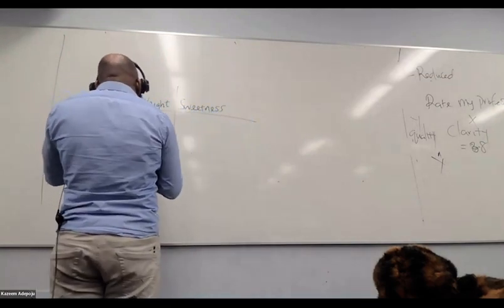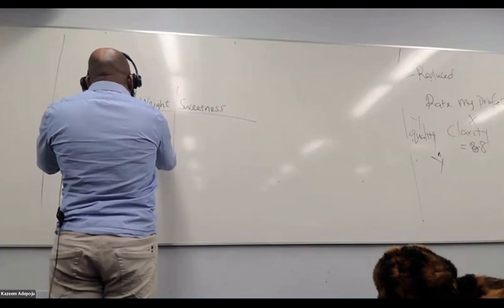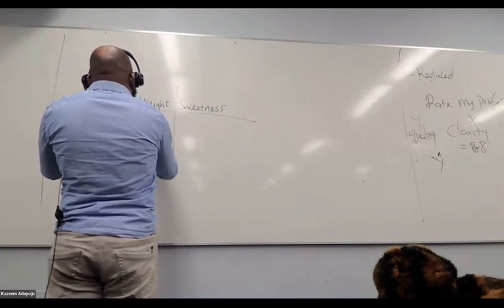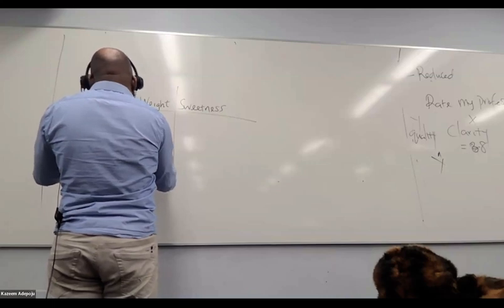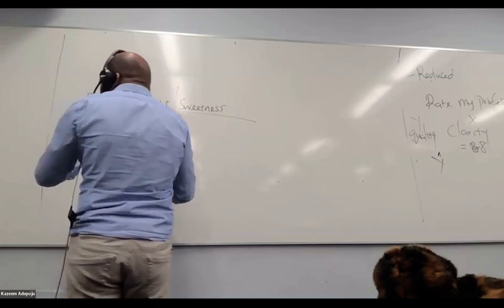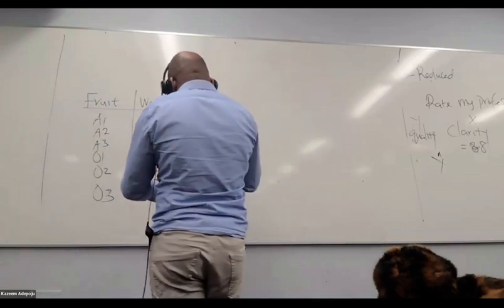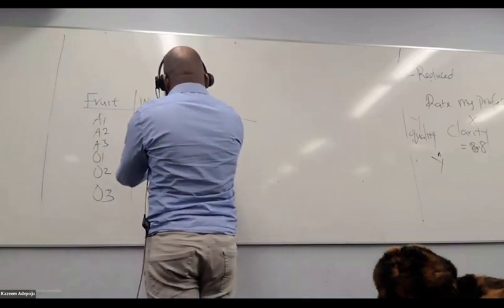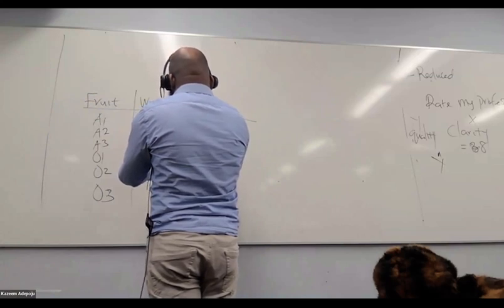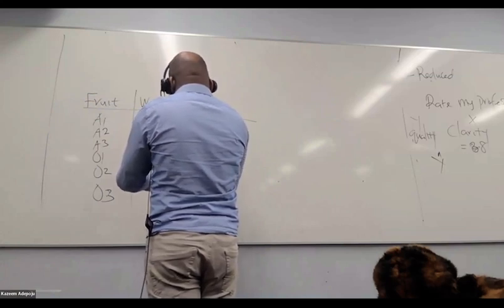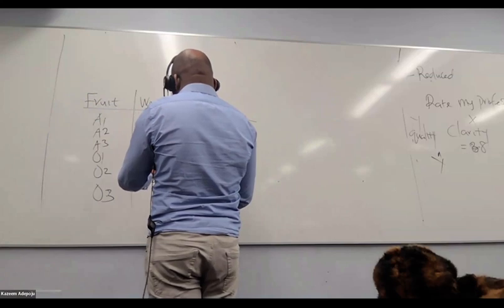Now I know the weights: 180 for this, 170, 140, 200, 210, 190. And the sweetness: 8, 7, 9, 5, 4, 5.